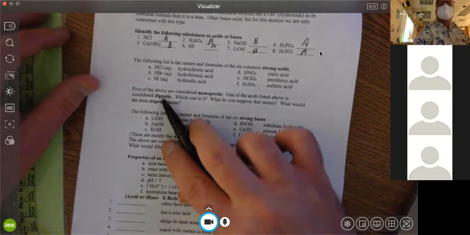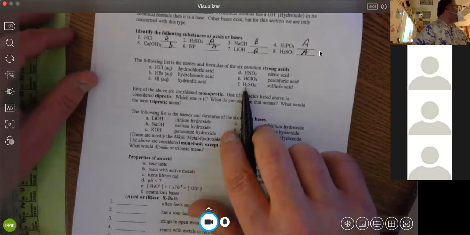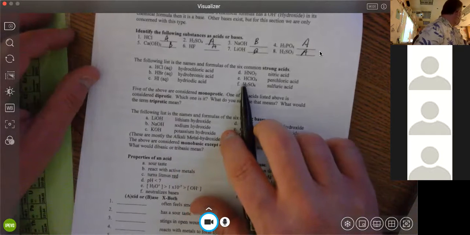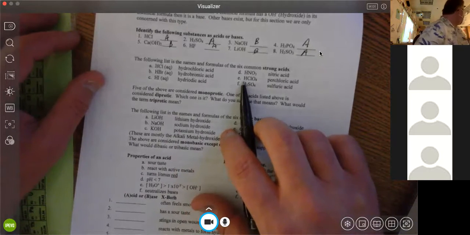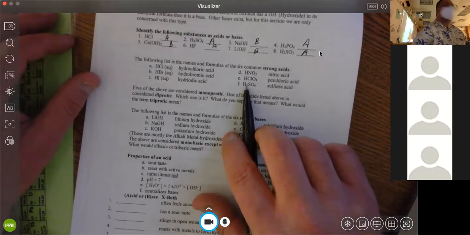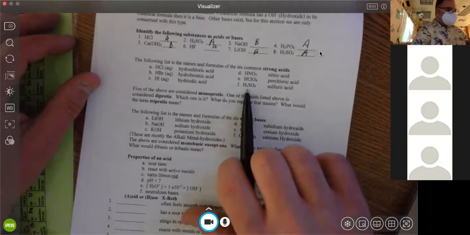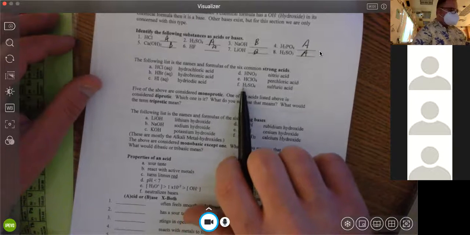That is diprotic. Remember that a hydrogen ion is just a proton because it's lost the electron. So that's why we say protic. It is diprotic because it has 2 hydrogens.